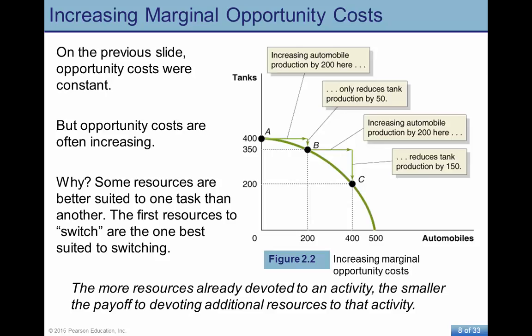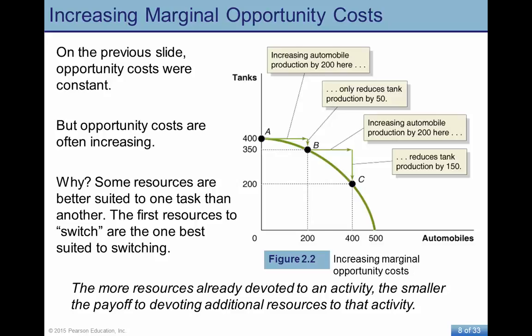Increasing marginal opportunity costs. On the previous slide, opportunity costs were constant, but opportunity costs are often increasing. Why? Because some resources are better suited to one task than another. The first resources to switch are the ones best suited to switching.